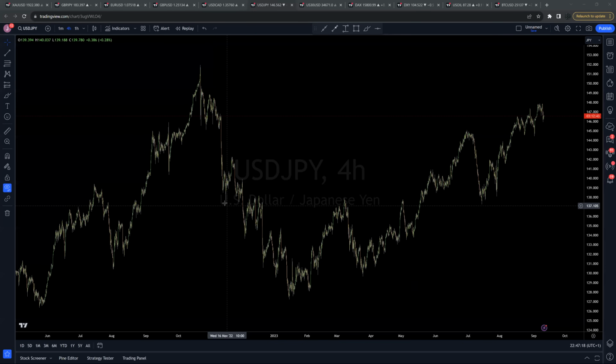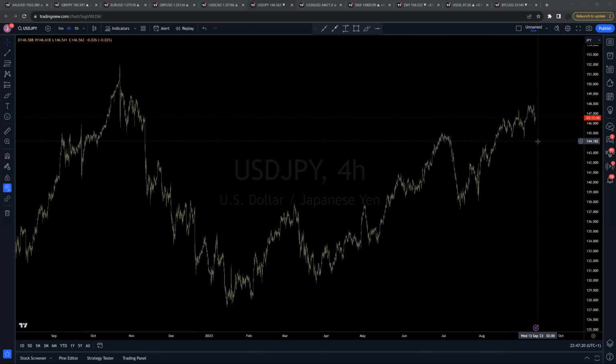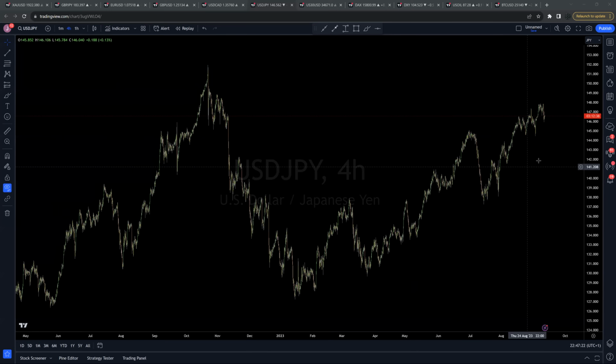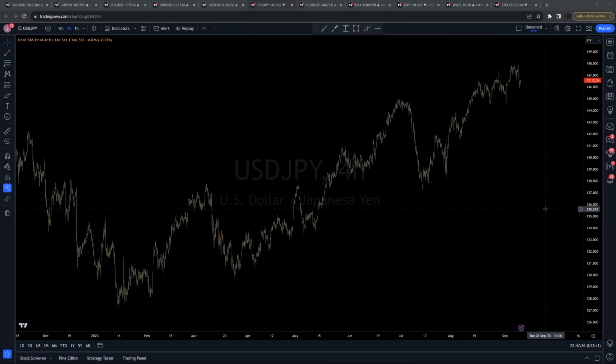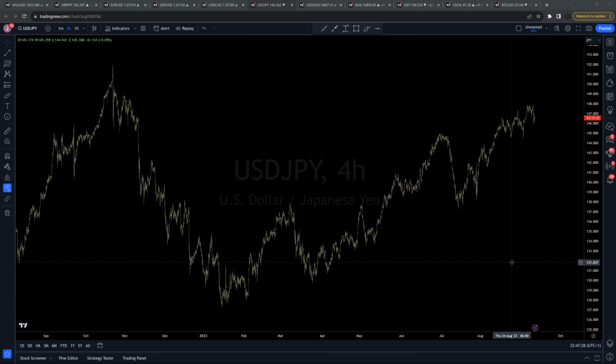But if the upside is relatively controlled and subdued, going up in waves, then it decreases the chance of seeing currency interventions take place, because obviously it's not as volatile if the yen's not just free falling and dollar's not just soaring, right?